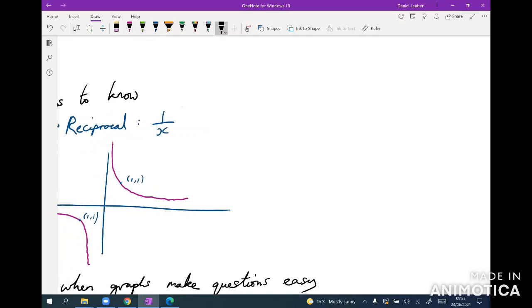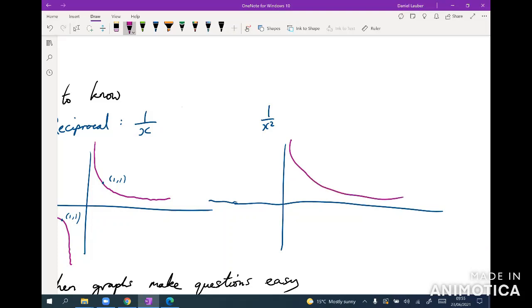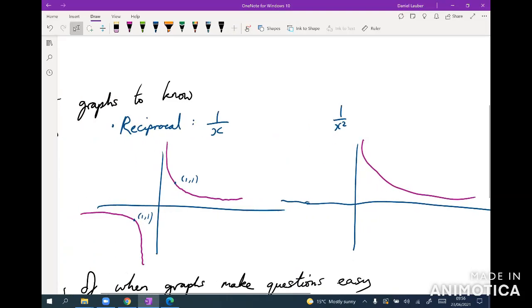For example, 1 over x squared is just going to look like, well, almost exactly the same thing. But then if you think about the left-hand side, when x is negative, well, x squared is still positive. So it's just going to end up looking like that. So that's one very important graph to know. Just make sure you can sketch a reciprocal extremely quickly.